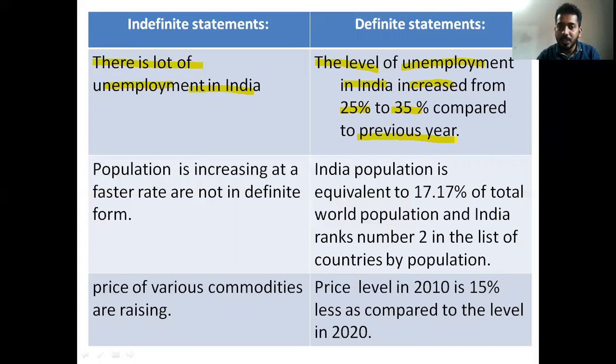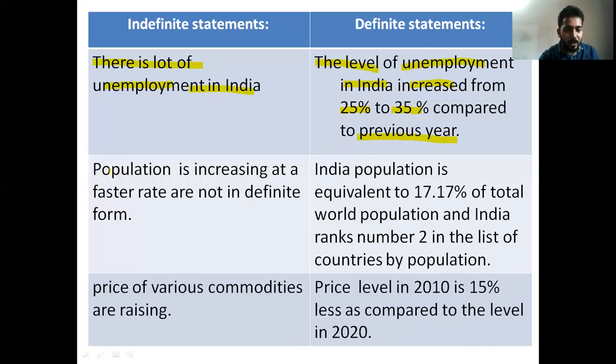Yes or not? Surely yes. So it is better to present the information always by using numbers and figures. The fact should be presented in definite form. Definite form means presenting the information or fact by using numbers.